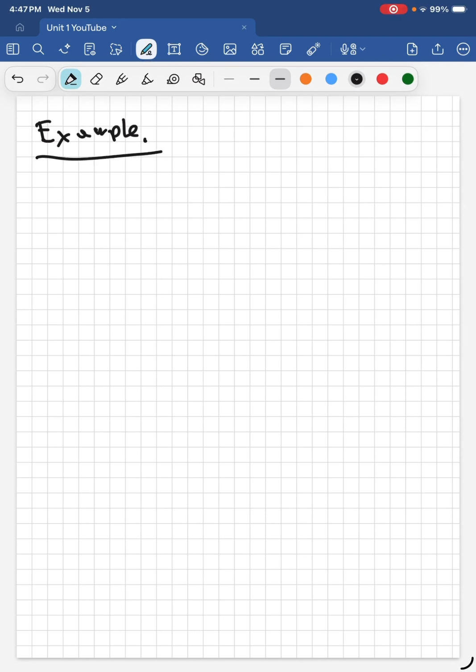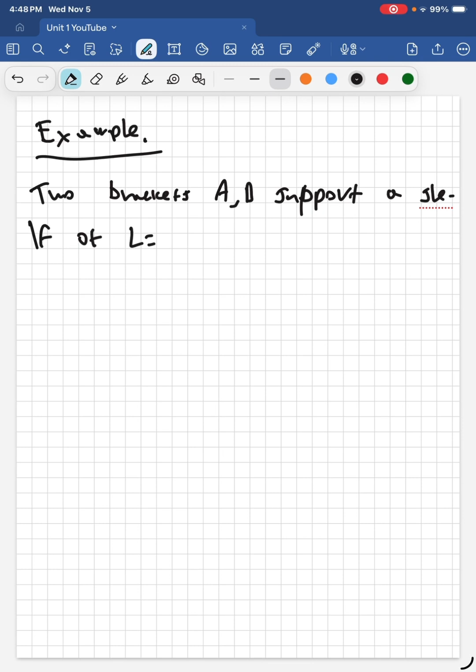So two buckets, I'm sorry, not brackets.